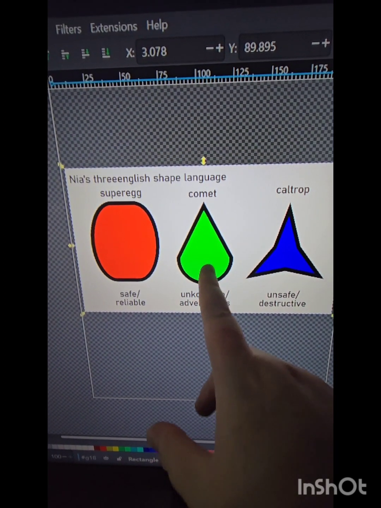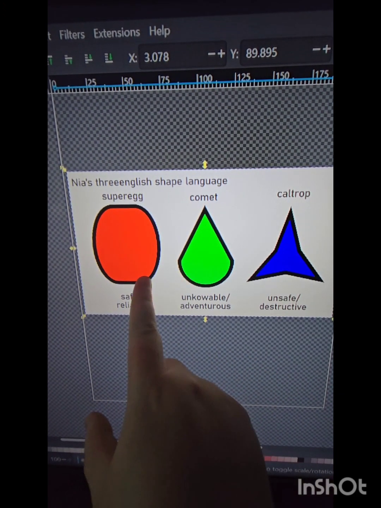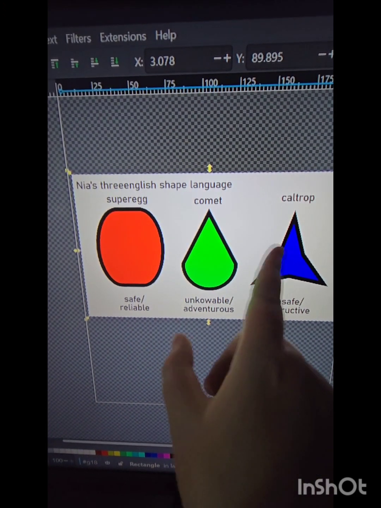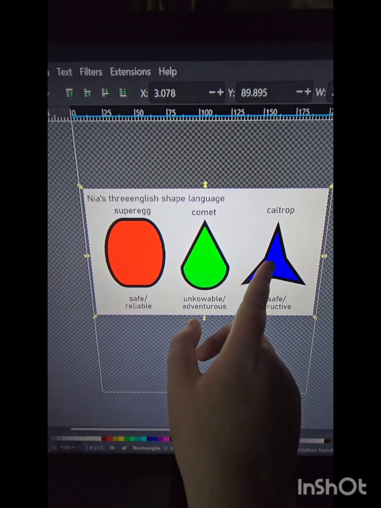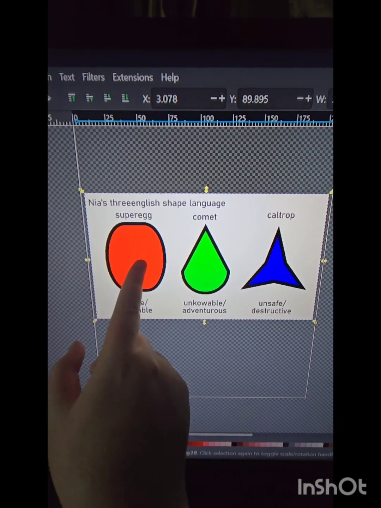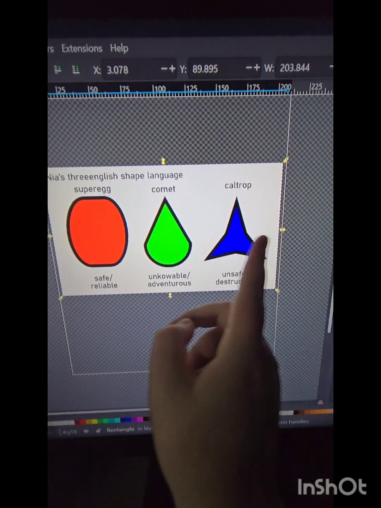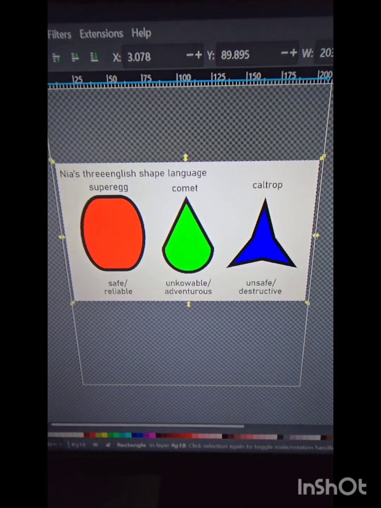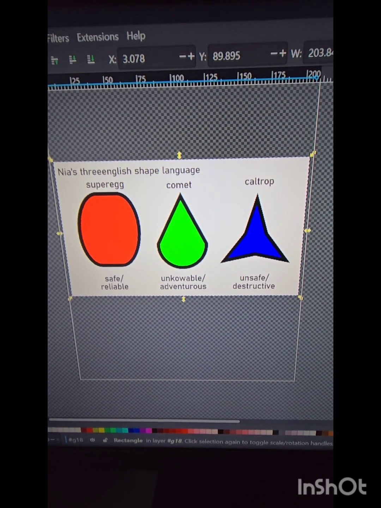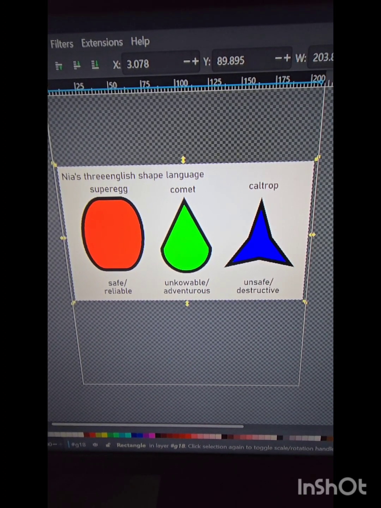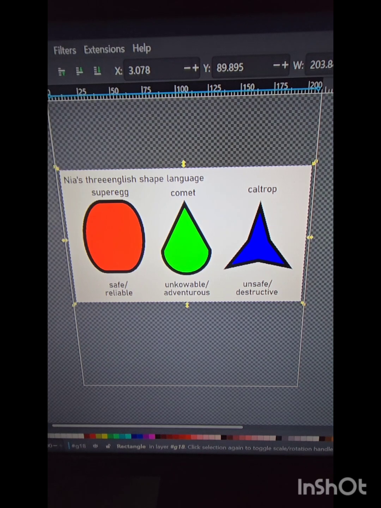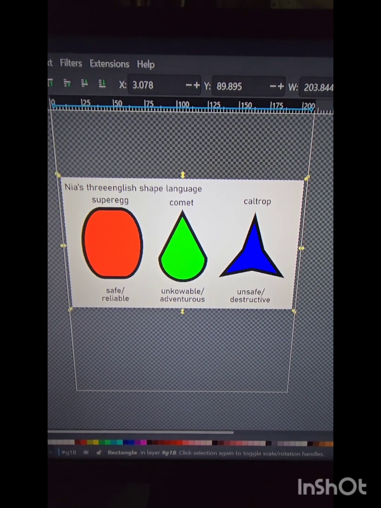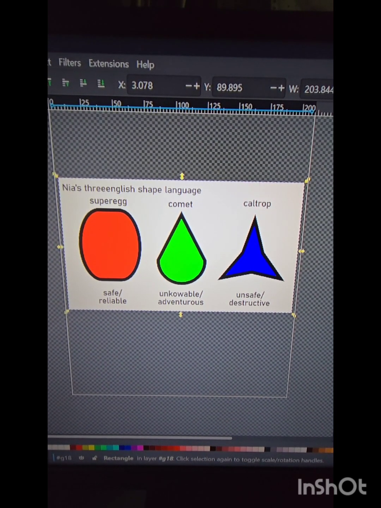The comet beats the super egg, and the caltrop beats the comet. So, yeah, this beats this. So, yeah. Anyone want to play caltrop egg comet with me? That is the weirdest rock paper scissors game in the universe.